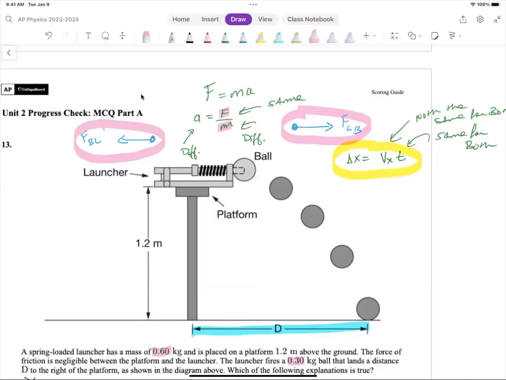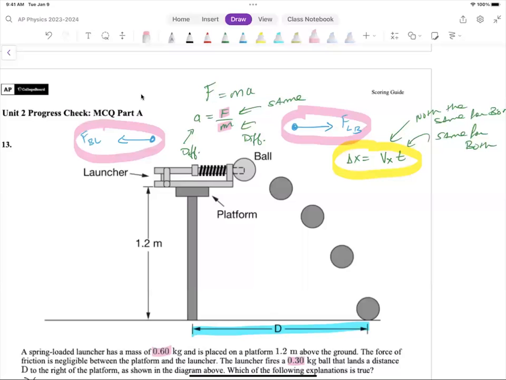So 5, 4, 3, 2, 1, velocity initial of the ball, and the time that the launcher and the ball are impacting each other with those forces is identical. So force is the same, initial velocity in the X direction is the same, the time is the same. You'll find that the final velocity of the launcher is half the velocity of the ball.